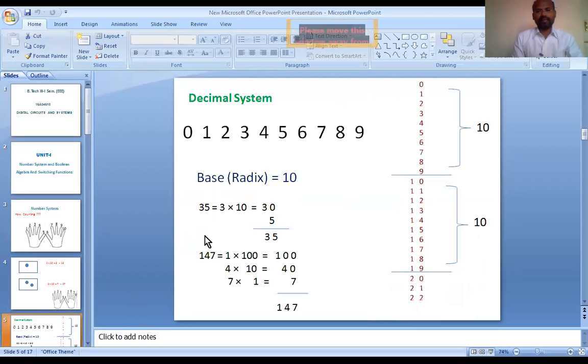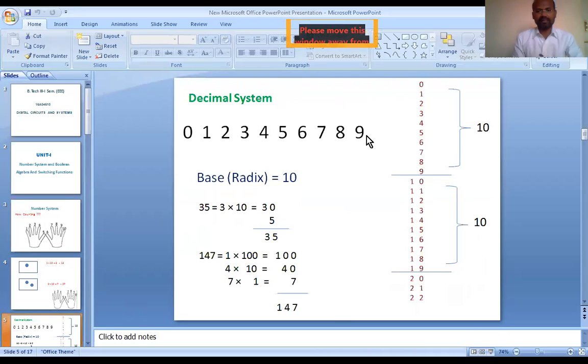And coming to the number systems, the decimal number system. It has the following symbols: 0, 1, 2, 3, 4, 5, 6, 7, 8, 9. Totally we have 10 different symbols.